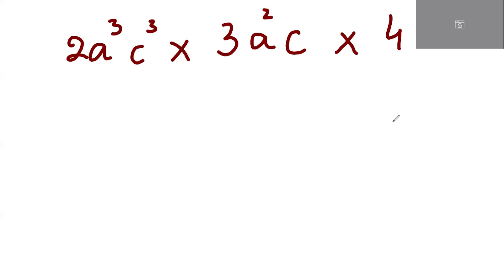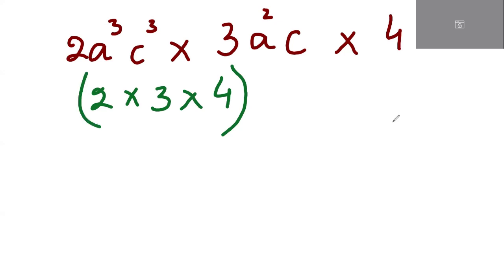You can solve like this. You can write 2 multiplied by 3 multiplied by 4. These are the constants, so you can put them in a separate bracket and then add the powers of a.